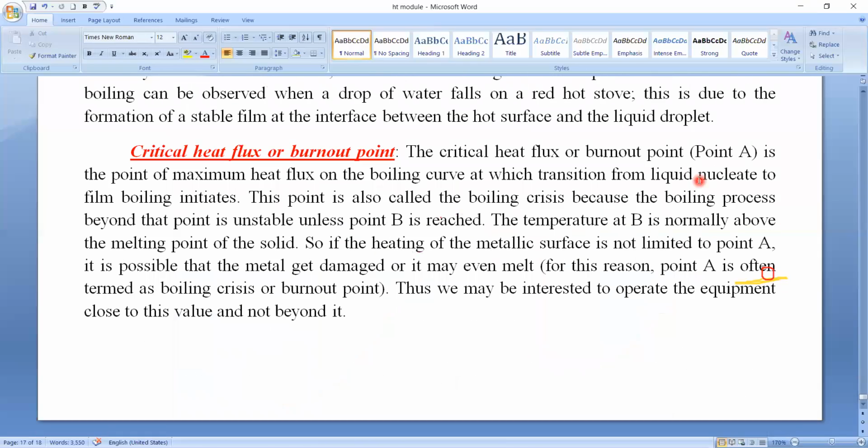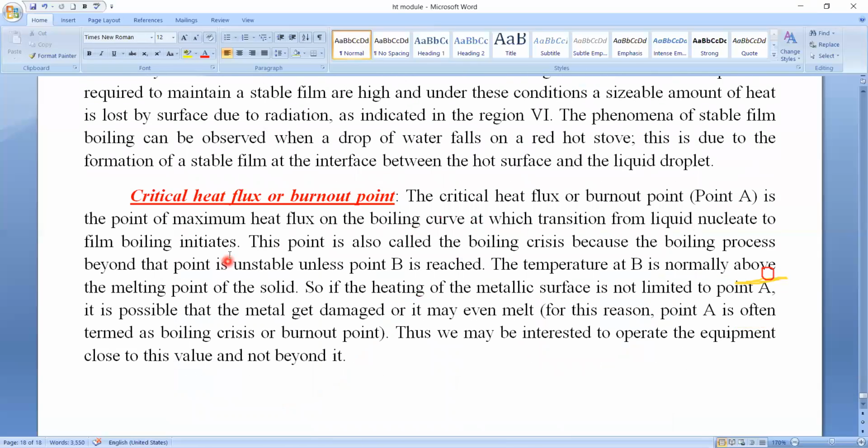Sometimes you will be asked what the critical heat flux or burnout point in the boiling curve is, so you should be in a position to explain this.